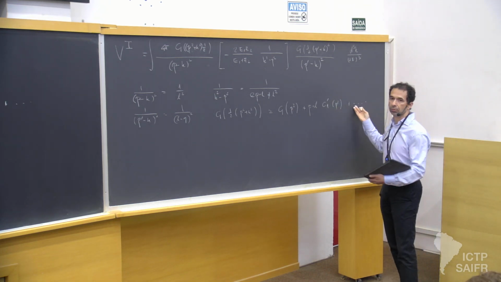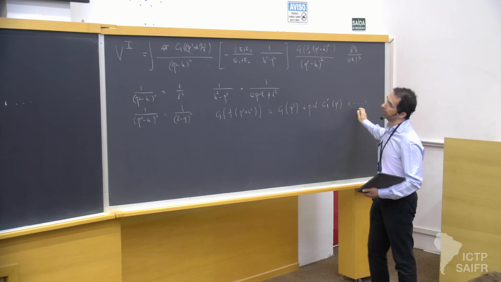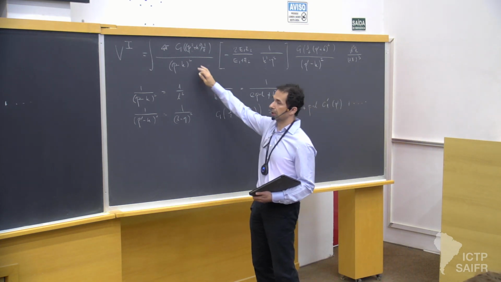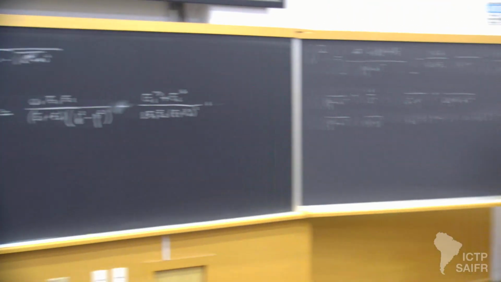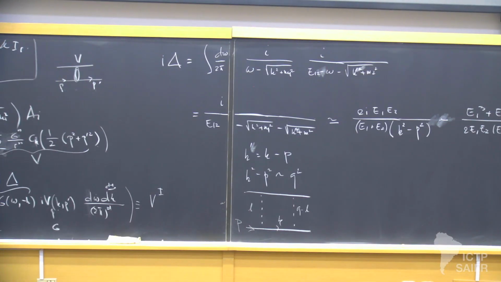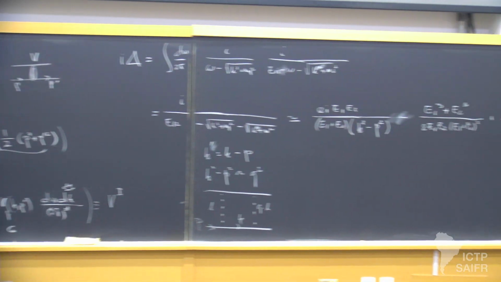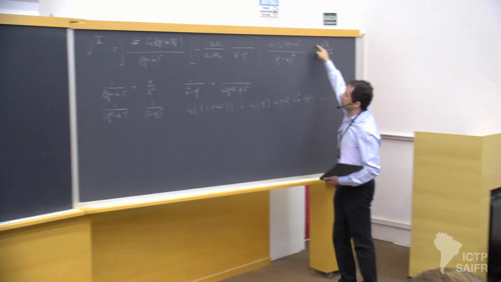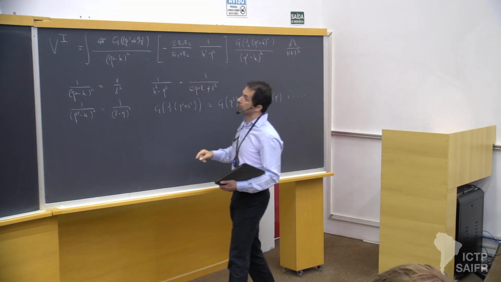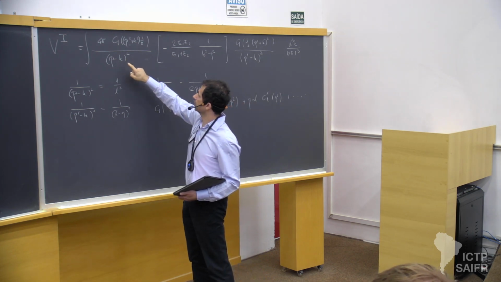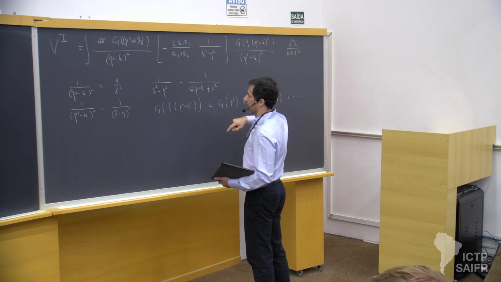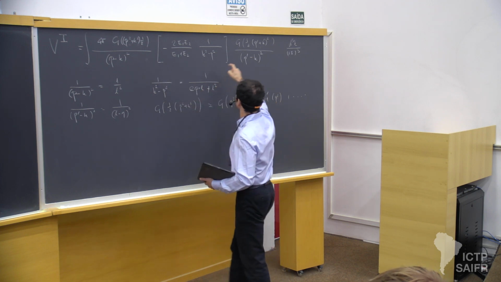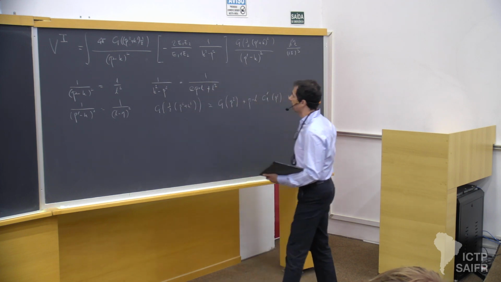How many corrections do we need to keep? Well, we need to keep as many as necessary to turn this from something that is super classical to classical and junk everything that doesn't do that. So what's the order of this? So this is 3 momenta in the numerator, 3 L's or 3 Q's, and in the denominator there are 2. 2 here, 2 there, and 1 there, 5.